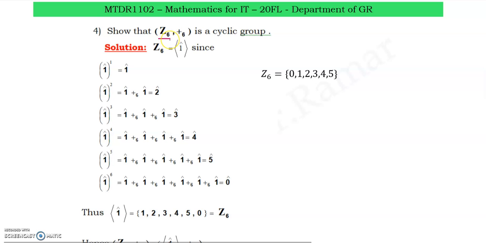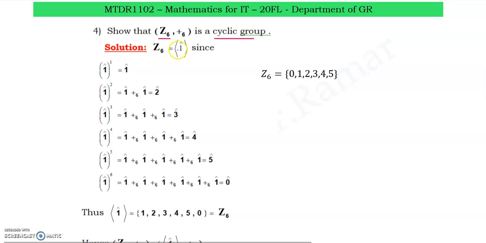We know that already Z6 under addition modulo 6 is a group. Now we are going to prove that it is a cyclic group. First we list all the elements of Z6, that is 0, 1, 2, 3, 4, 5. Now here we are going to show the element 1 is generating all the elements of Z6.